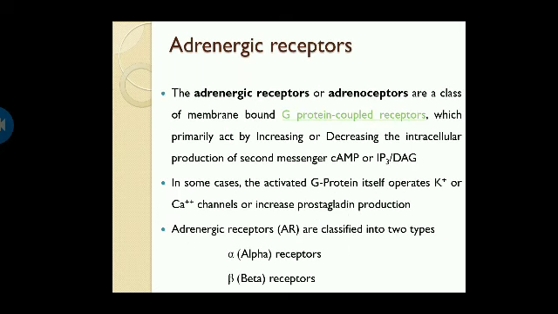These receptors are called adrenergic receptors or adrenoreceptors. They come under membrane-bound G protein coupled receptors.